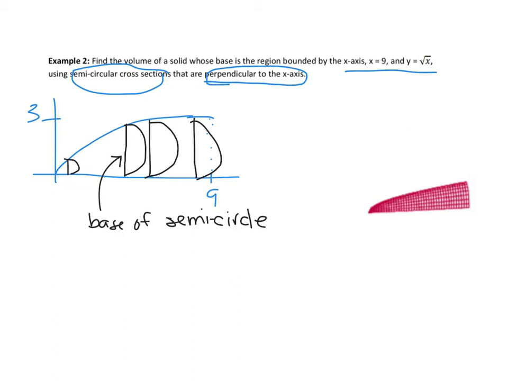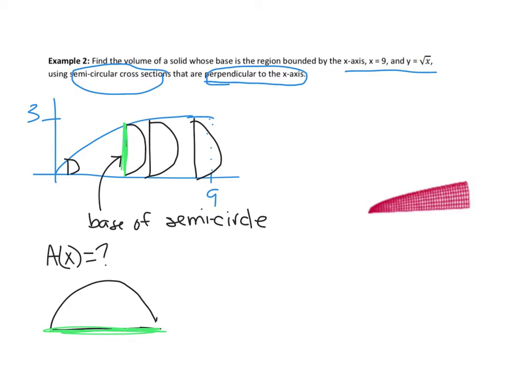As with the previous one, you're going to want to start by figuring out the area of the cross section. That generally is the most challenging thing, so we're going to start by figuring out what our area is. We know this is the base of a semicircle. I'm going to use color again, a different color than what we had. This corresponds to that. I think it's helpful to see which side it corresponds to. You're welcome to draw that every time.